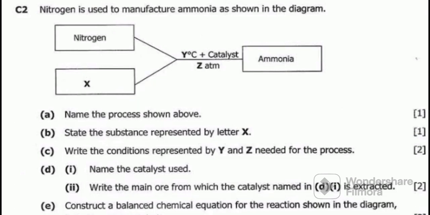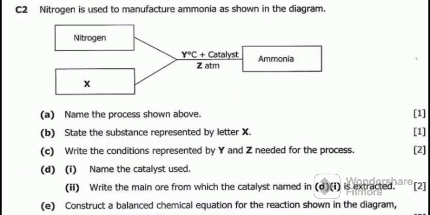C. Write the conditions represented by Y and Z needed for the process. Y is showing the temperature, because it is in degrees Celsius.